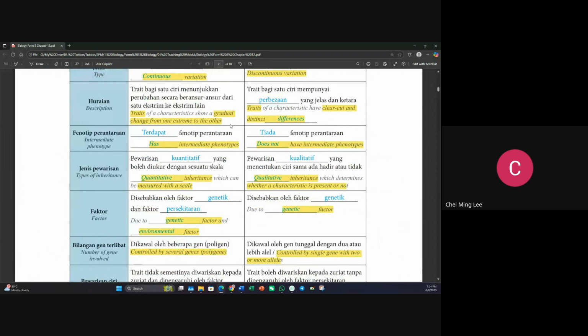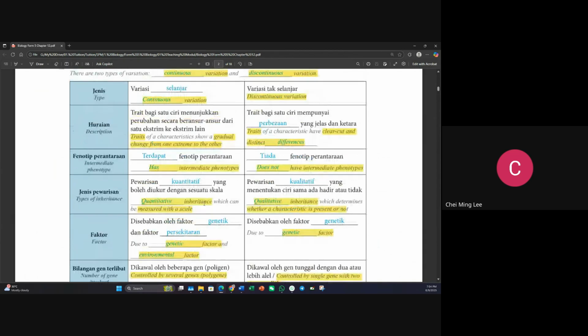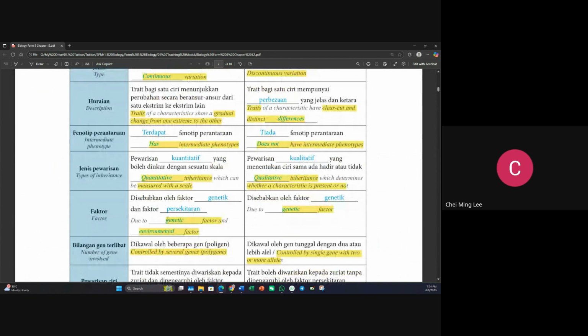It means a gradual change, 就是讲它是慢慢的变化. It changes slowly. It has an intermediate phenotype, which means it has an in-between one. It is quantitative inheritance, which we can measure with a scale. This is due to genetic and environmental factors, and is controlled by several genes, which we call polygenes. It means that several genes control that particular trait or characteristic.